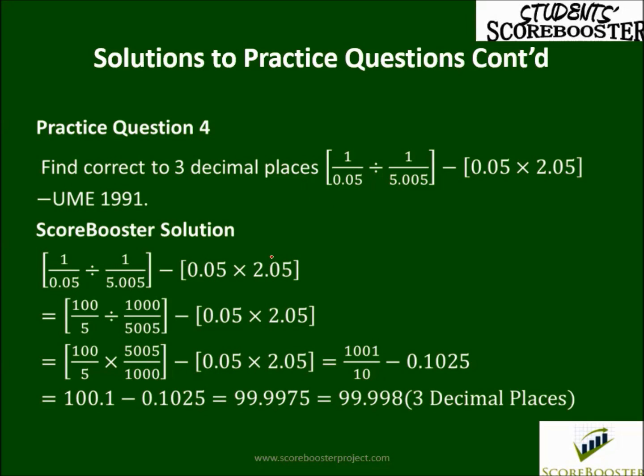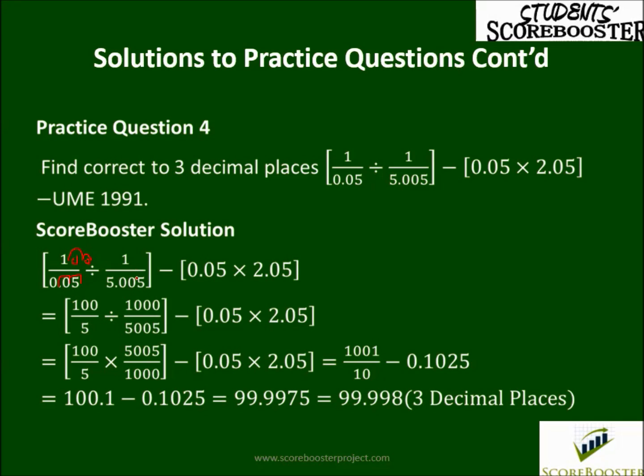So the expressions in brackets, you have to simplify them in accordance with BODMAS. So here 1 over 0.005, when you move decimal points, both the numerator and the denominator, twice, you simply have 100 over 5.